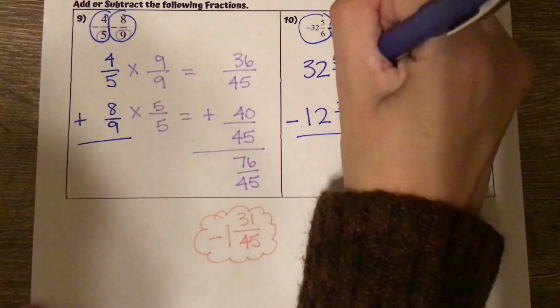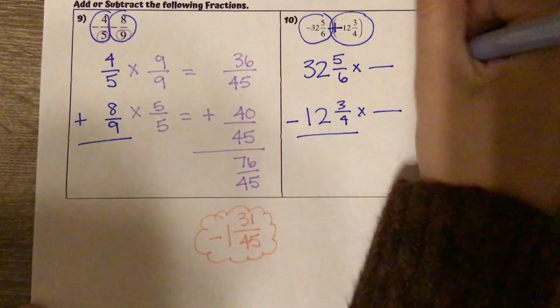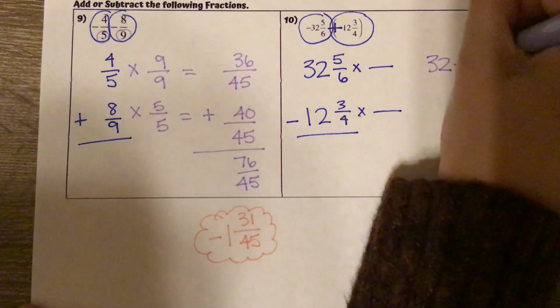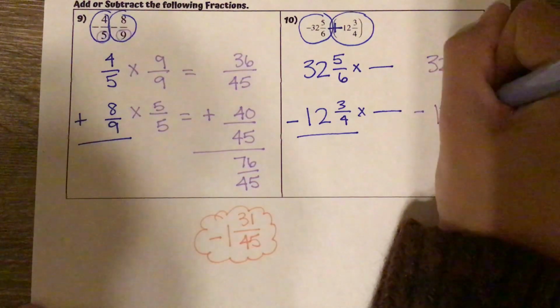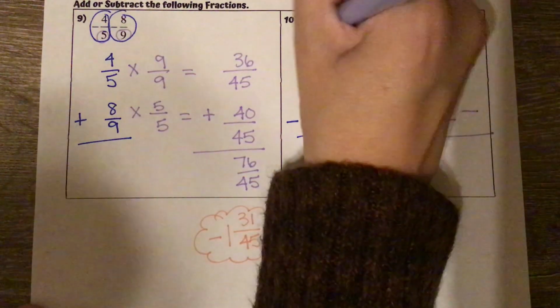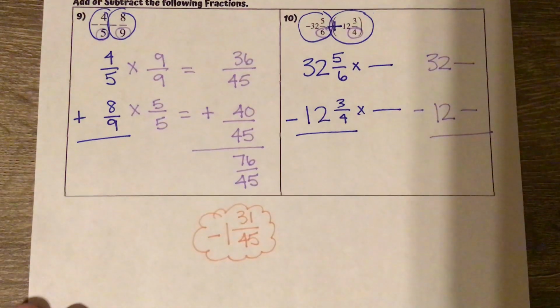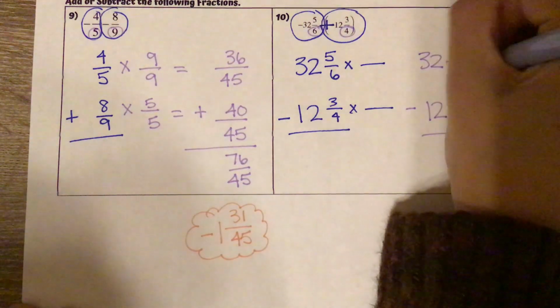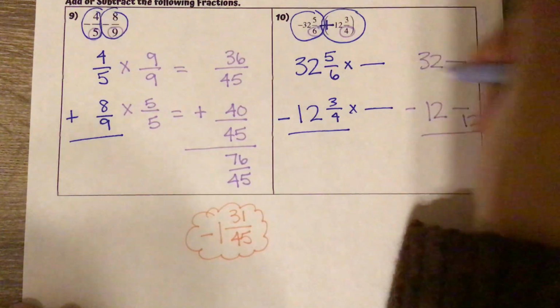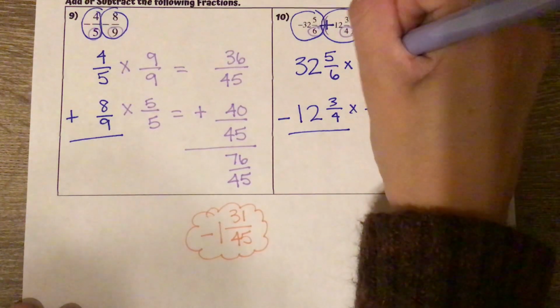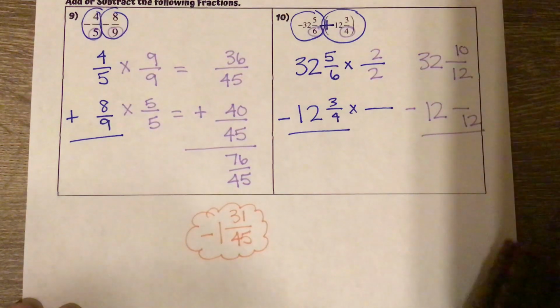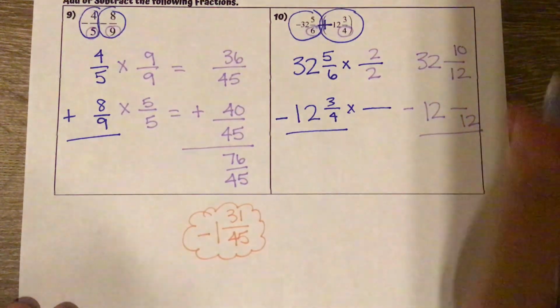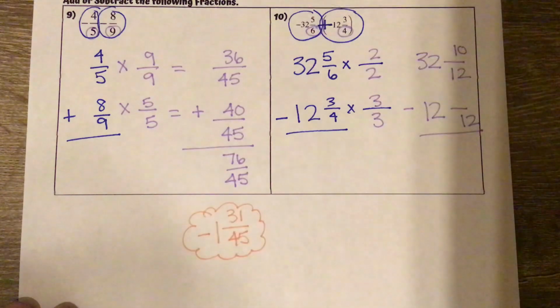We need to multiply by something so that we can get our new denominator. 6 and 4, their least common multiple is not 24, it is 12. 6 times 2 is 12, do the same to the top. 5 times 2 is 10. 4 times 3 is 12, do the same to the top. 3 times 3 is 9.